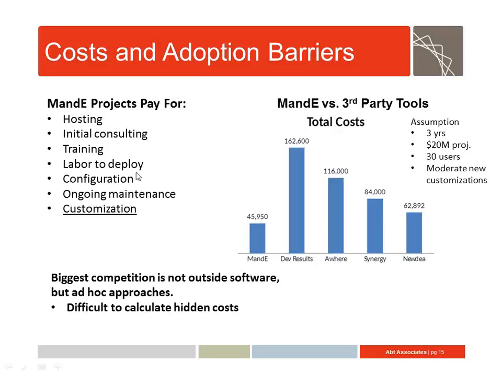Generally, they pay for hosting on AWS, initial consulting, where these are your requirements and this is how they fit to MandE, training, either an admin training, the labor to deploy and configure it, and ongoing maintenance. But really the main variable is customization. If they have new features, does MandE have a workflow that does this?